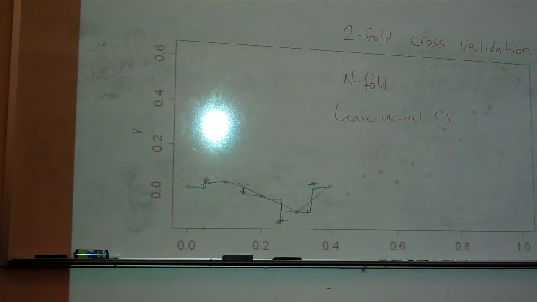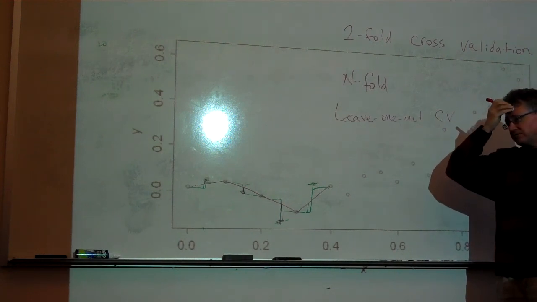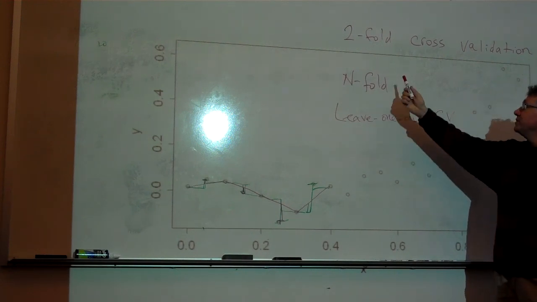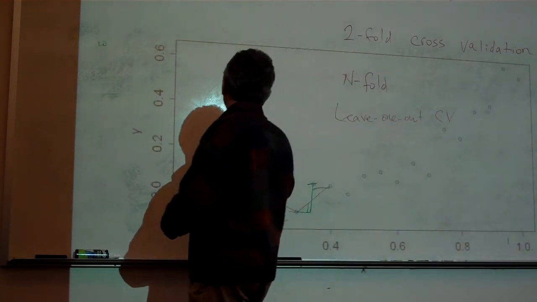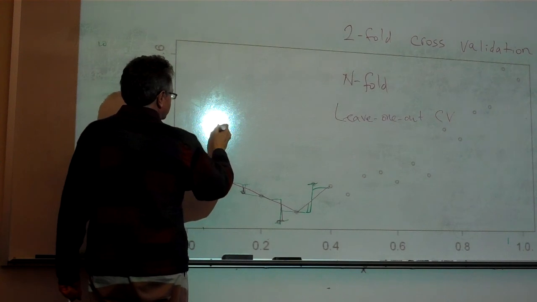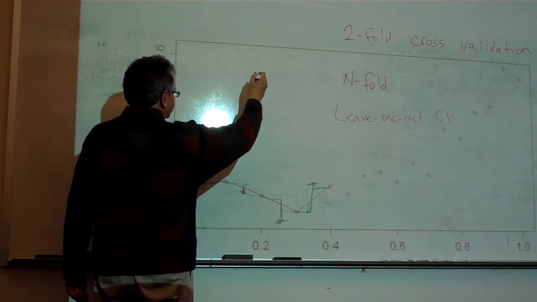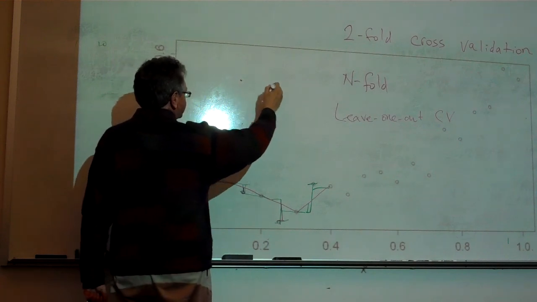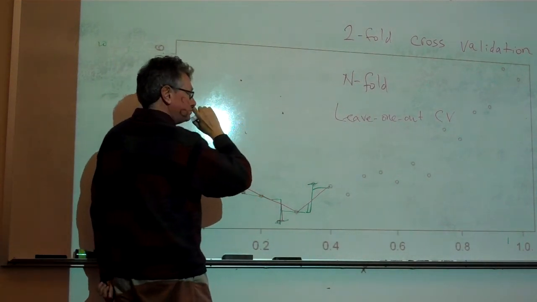One of the reasons that leave one out cross validation is more powerful than, say, a twofold is, suppose your sampling pattern was such that you had a lot of observations in this area and just a few up here.